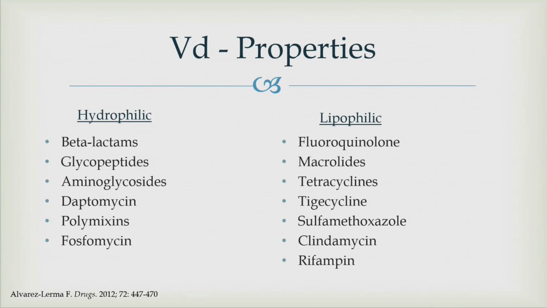Whereas with lipophilic antibiotics that may have higher volume of distribution, or more distribution into adipose tissue, we will certainly think about using total body weight and maybe adjusted body weight. So that's the difference between these two classes.